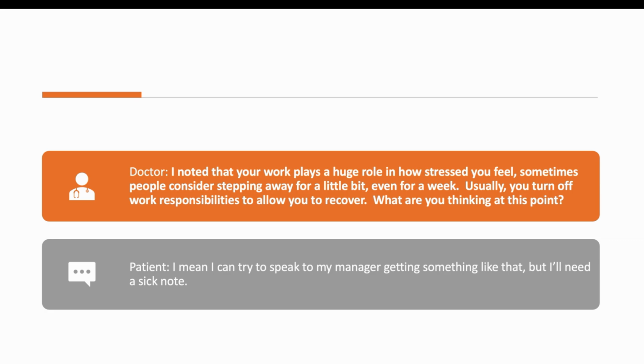In this example, you can see the way the doctor framed the question at the end allowed the patient to verbalize their internal dialogue and gave the doctor a solution that suited the patient's needs. In this case, the patient had formulated a solution while the doctor was speaking, which included taking time off work, and the doctor should give him a sick note to cover him. What a brilliant way to end a mental health conversation.